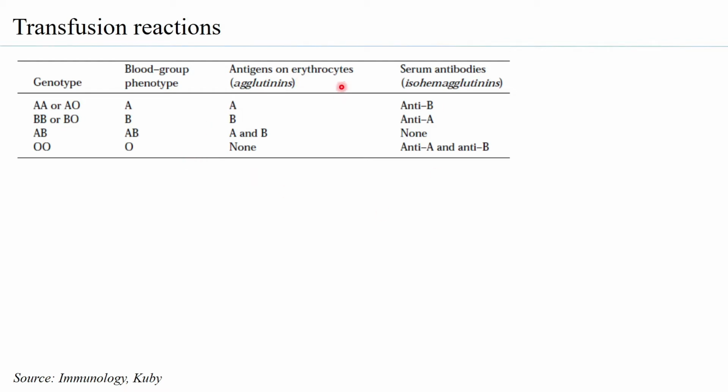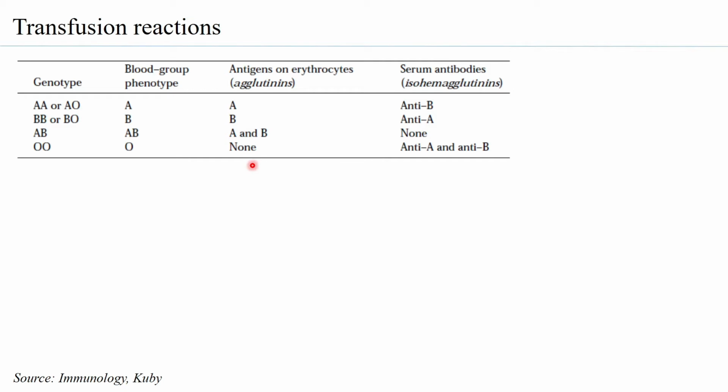Because if a person having blood group A is given blood which is blood group B, then because the person already has anti-B, anti-B will bind to the B antigen and there will be hemagglutination. And so the blood that was given would be completely destroyed. So this is something that is very clearly understood.